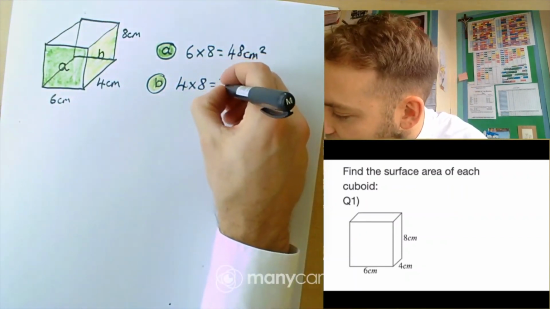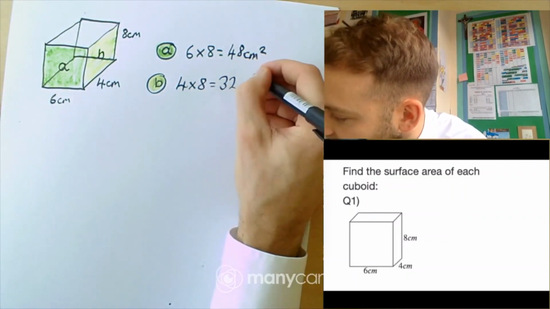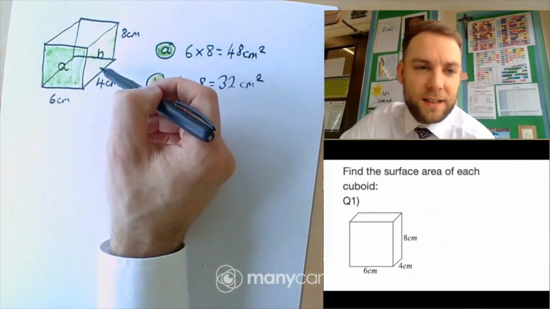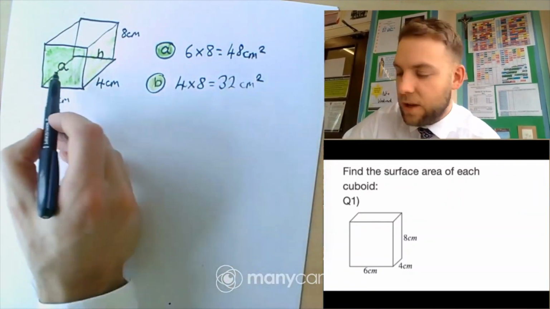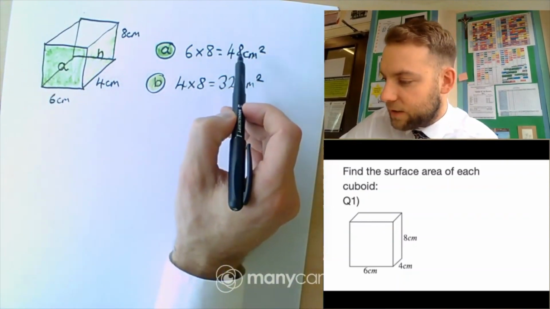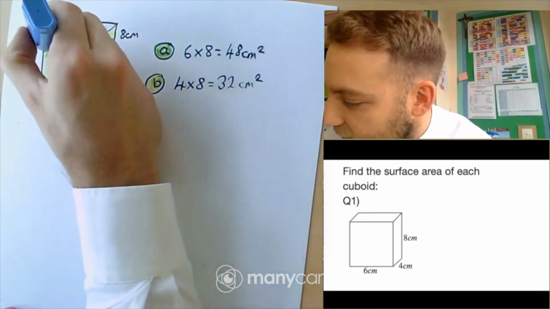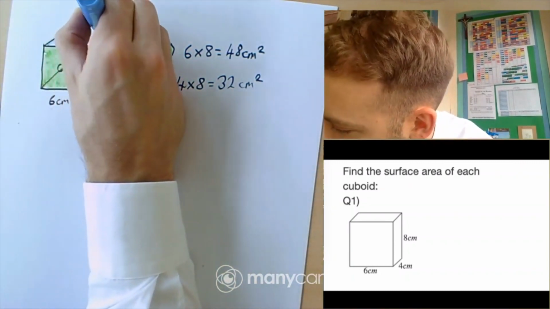So 32 centimetres squared. The area of this right hand side is 32. The area of the front is 48. The last one that we can kind of see here, the one we're going to deal with, is going to be this one here.